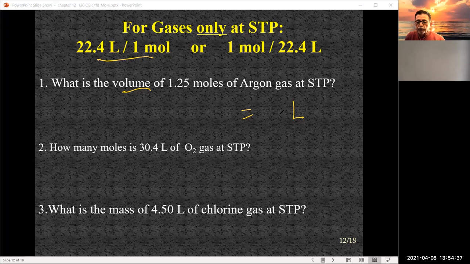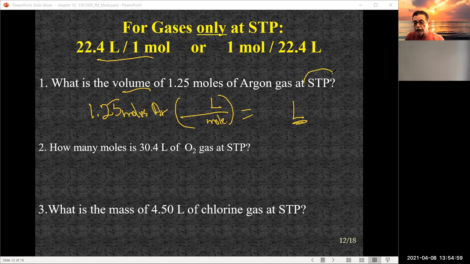What is the volume of 1.25 moles of argon? So we're given 1.25 moles of argon. We know we need a conversion factor here. We know we need liters as the final answer, so it's liters up here, moles in the denominator. And more importantly, we are at STP.